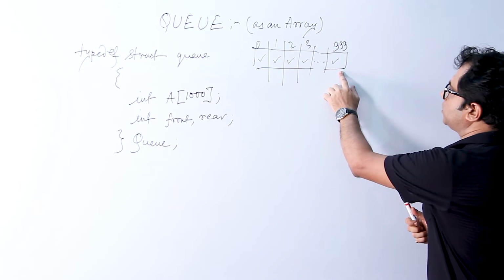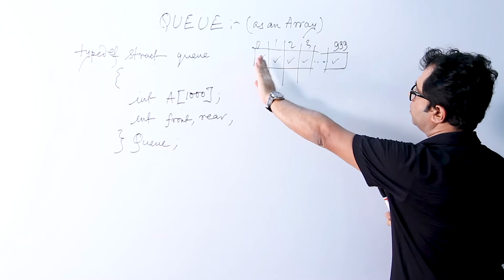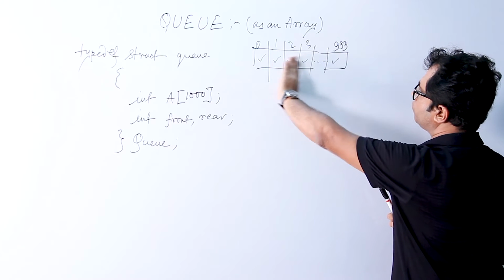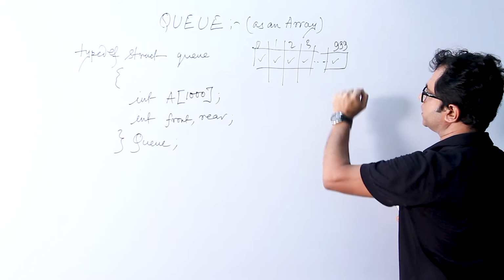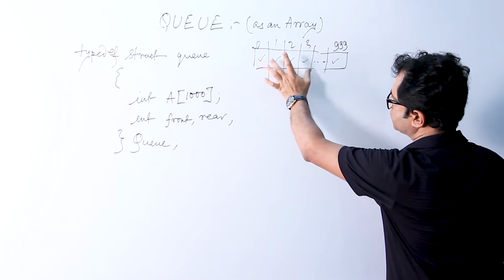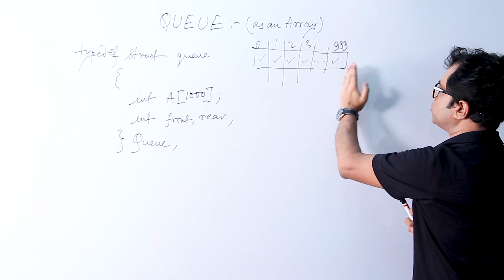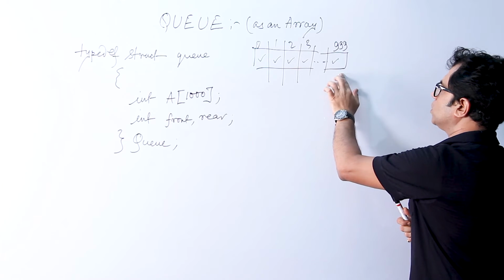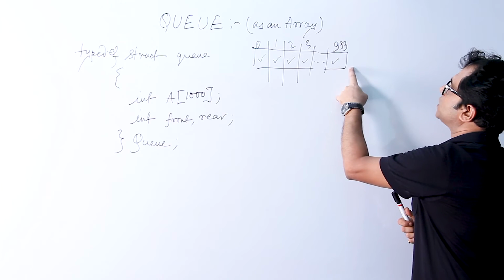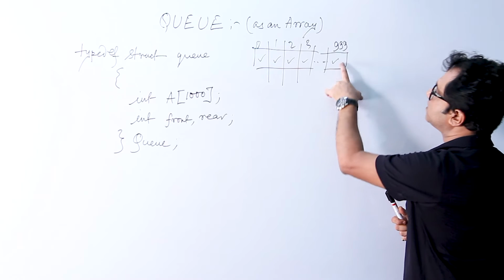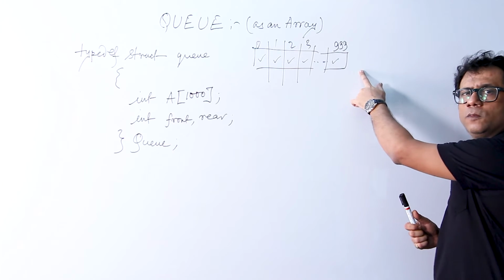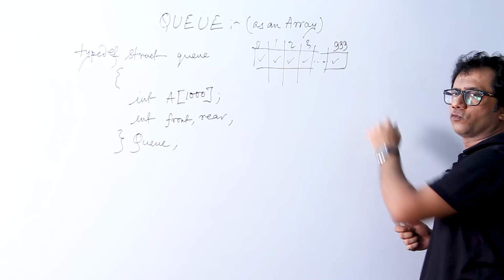So in this example we have denoted a queue full condition. It is full from the first to the last, but we will just consider the last position, because we are to add the element from the last position, and if the last position holds some value, we are unable to insert any value into the queue from the last position.